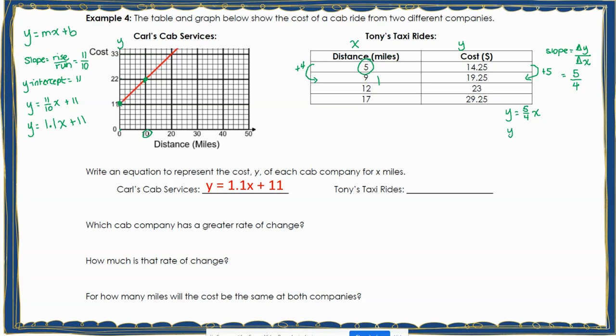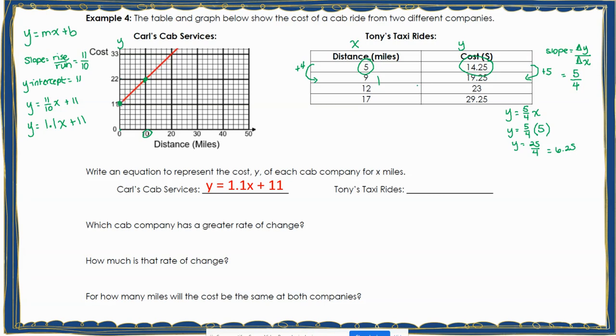If I did 5/4 times 5, I would get 25/4, which simplifies to 6.25. So I would get a y value of 6.25 here. But if you look, when x is 5, I'm not supposed to get 6.25. I'm supposed to get 14.25.